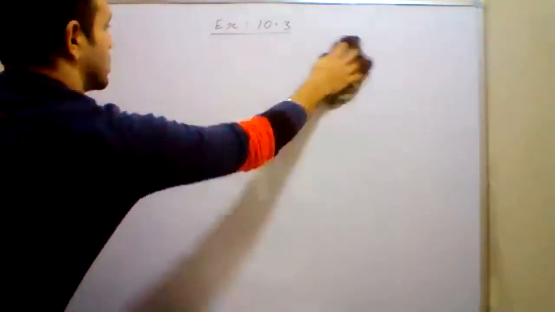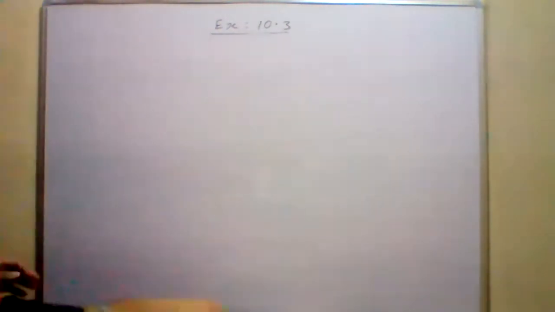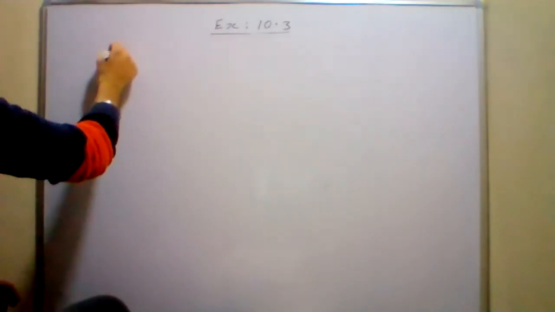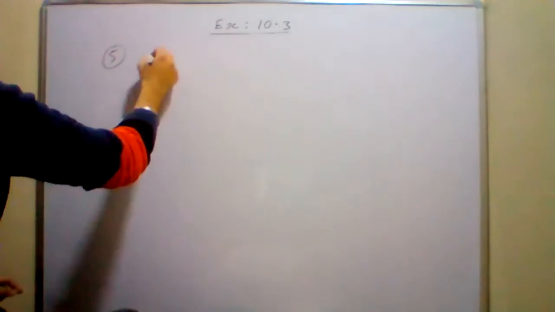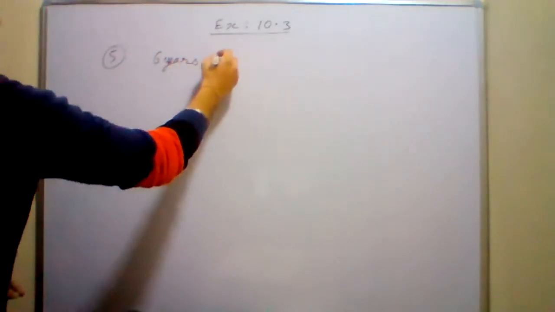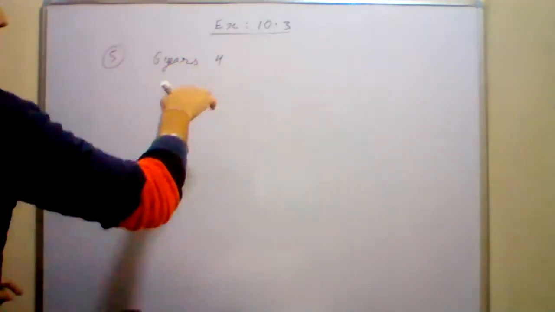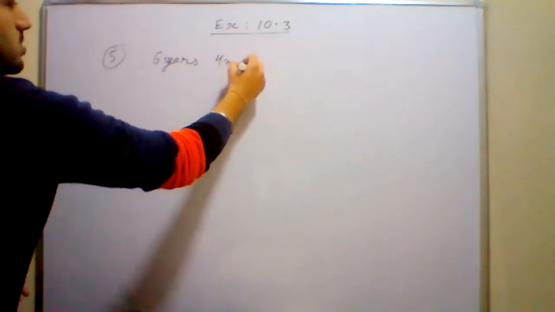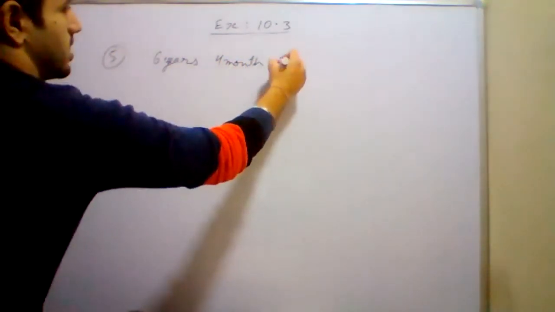I will do the whole question on the board. All of you write down the question. Don't write the question. Just do the solution like this. 6 years, 4 months, 10 days.